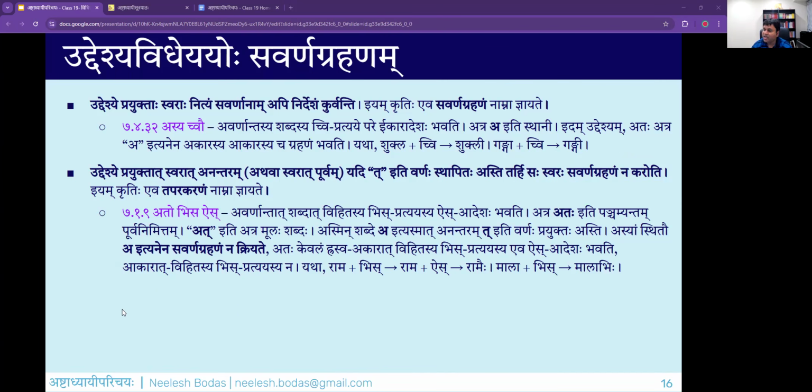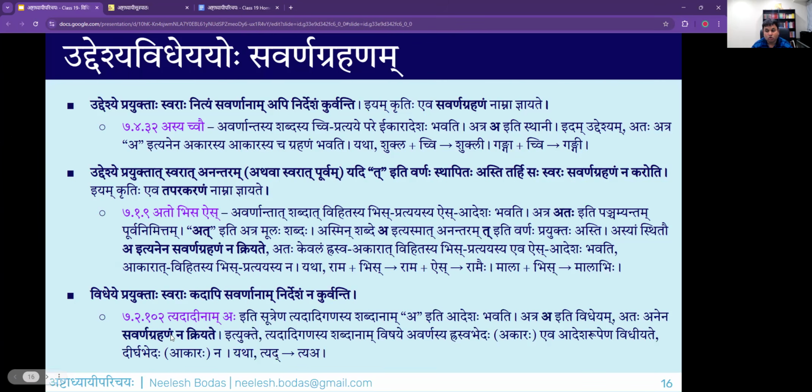And when it comes to vidheya, vidheya never does a savarna grahanam. Why? Because if a vidheya does a savarna grahanam, then multiple entities can simultaneously come as adesha and agama, and more complicated logic would be needed. So Panini Maharshi makes it simple by saying vidheye prayuktaha swaraha kadapi savarna grahanam na kurvanti.